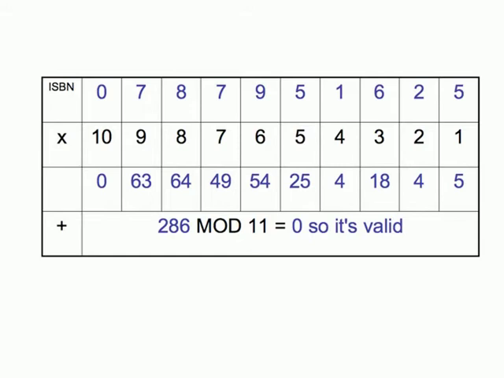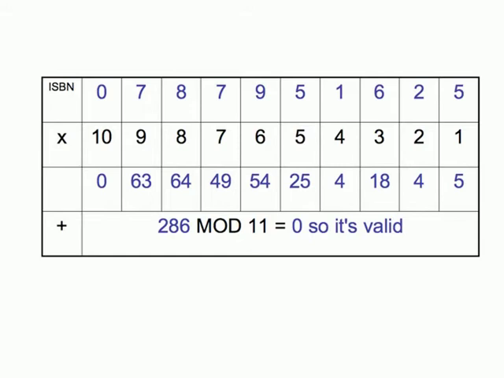Now in this example here, we can see how the ISBN is calculated. We take the first digit and we multiply it by 10. We take the next digit and we multiply it by 9. We take the third digit and we multiply it by 8. The next one by 7. The next digit by 6. The next digit by 5 and by 4 and by 3 and by 2 and by 1.